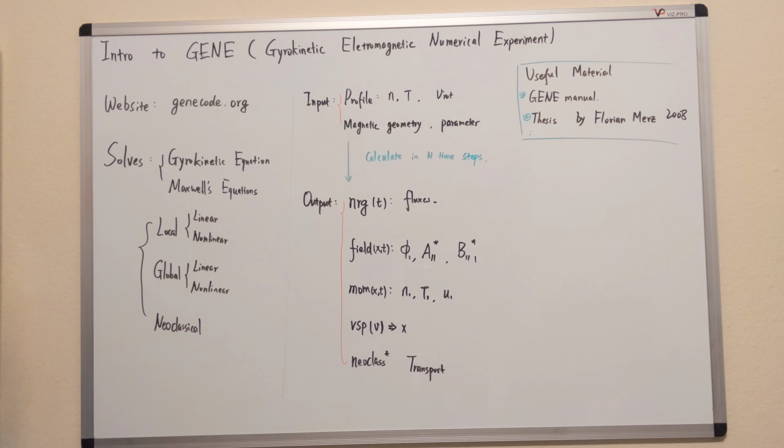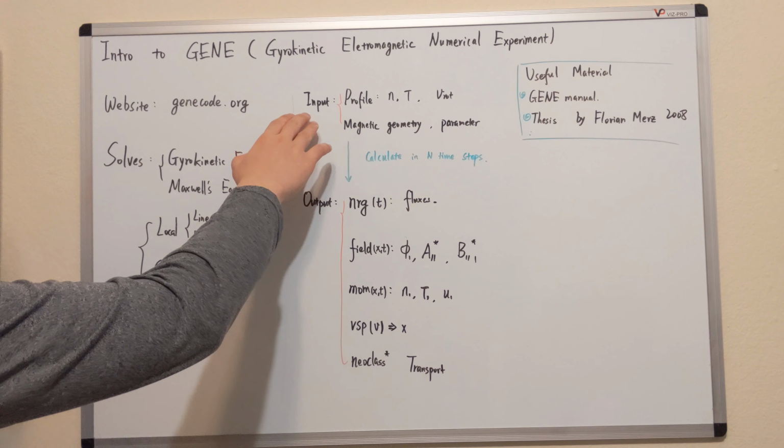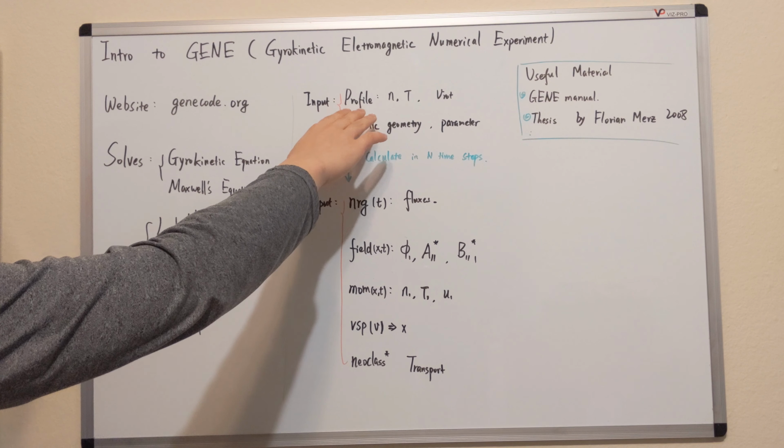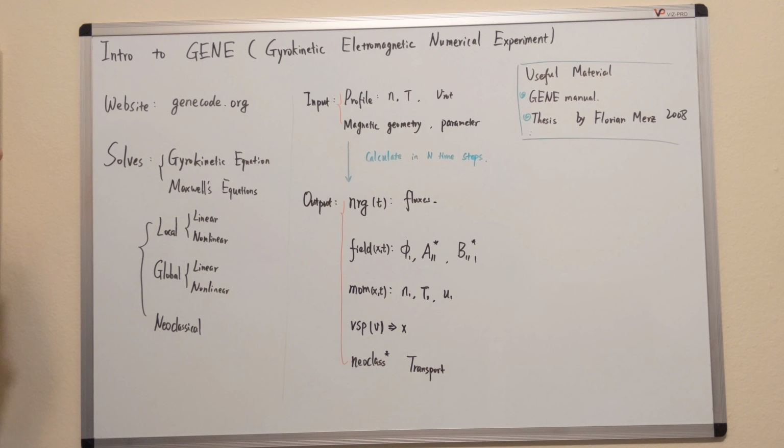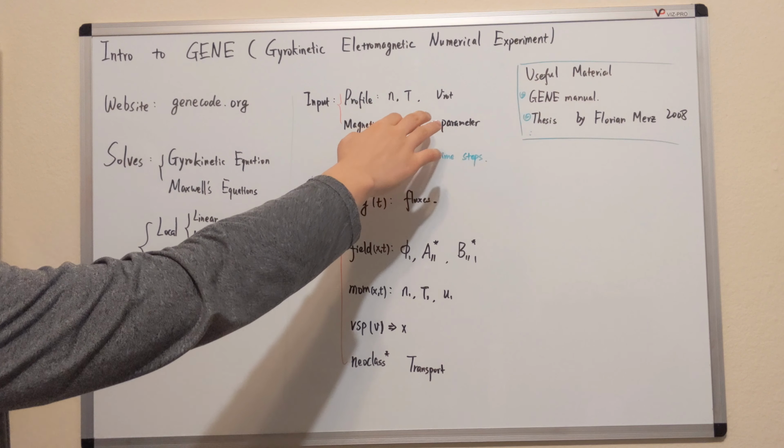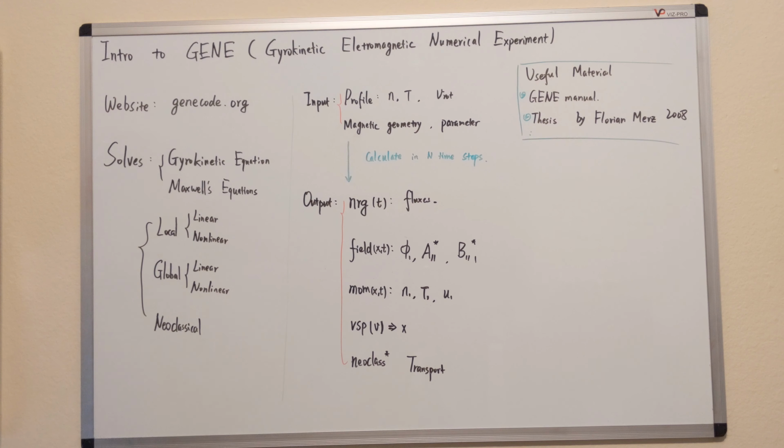Basically for transport. What it does is take the equilibrium profile that has density, temperature, and velocity for the particles, and the magnetic geometry, basically the magnetic field.